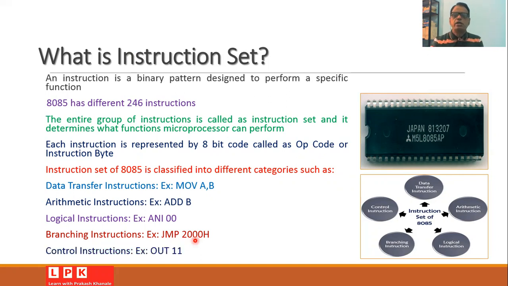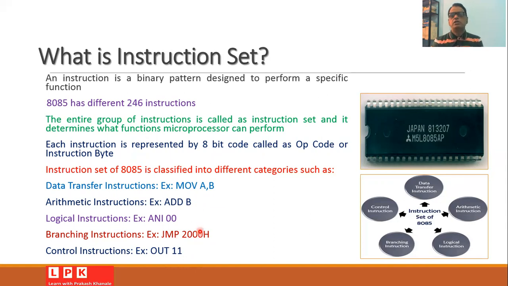Control instructions are used whenever we want to perform any input or output operation on the I/O ports. For example, whenever we write an instruction such as OUT 11, this instruction can be called a control instruction. So these are the different instructions.